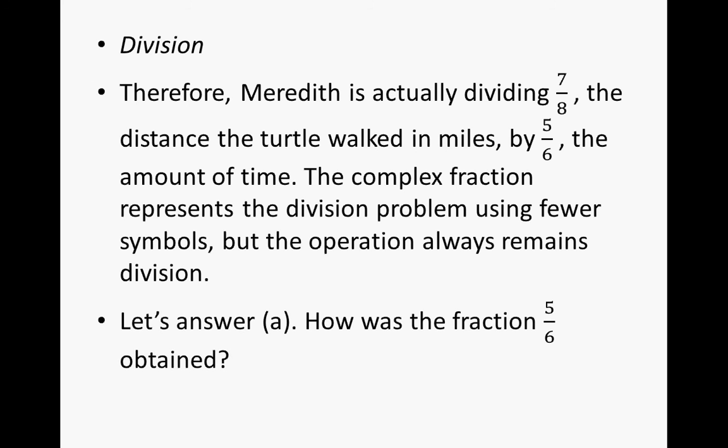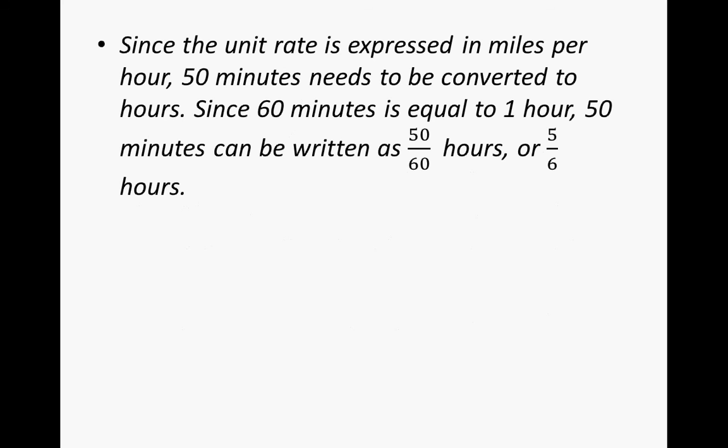So let's answer part A. How is the fraction 5/6 obtained? Well, since the unit rate is expressed in miles per hour, 50 minutes needs to be converted to hours. Since 60 minutes is equal to 1 hour, 50 minutes can be written as 50 out of 60 hours, or 5/6 hours.